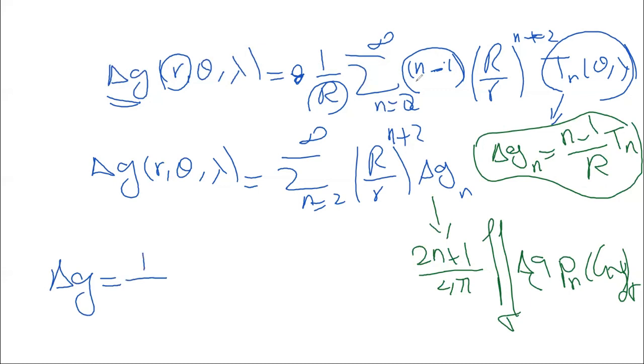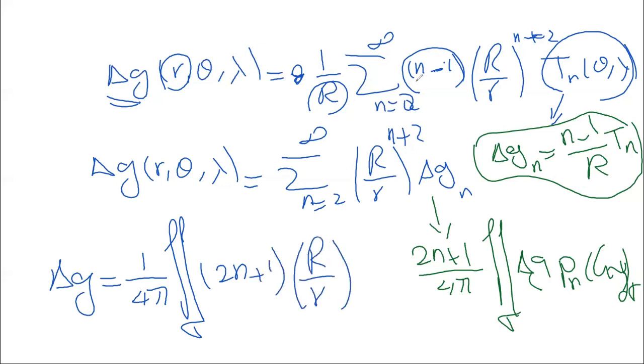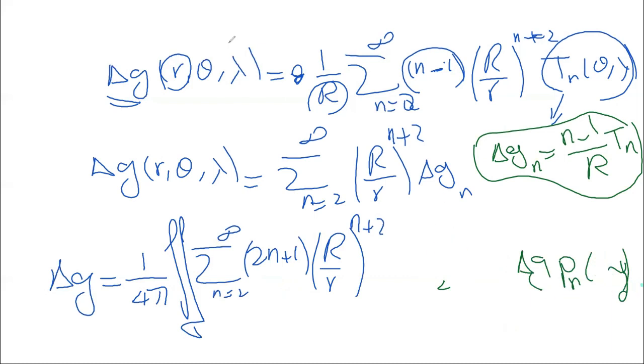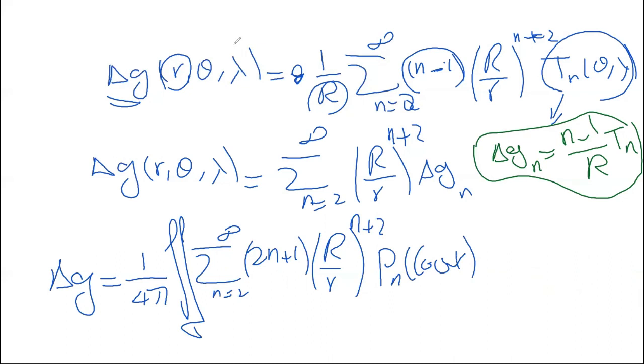It will be 1 over 4 pi, integral, summation, 2n plus 1, R over r to the power n plus 2, Pn cosine psi, delta g at integration.